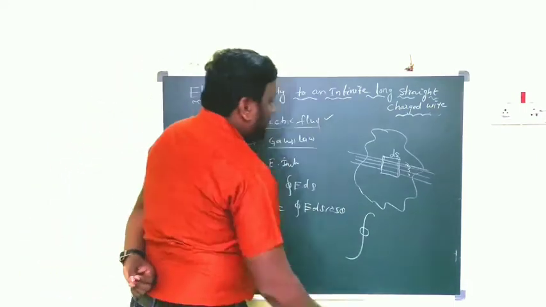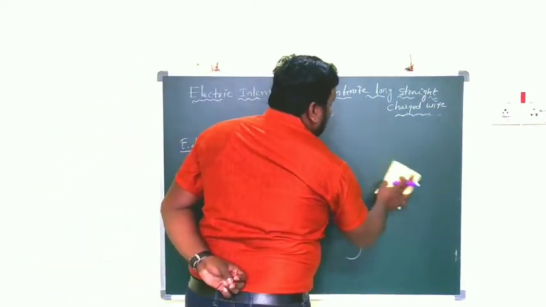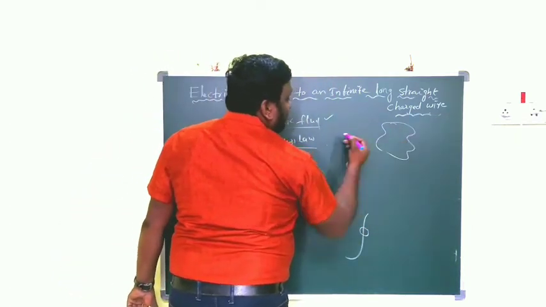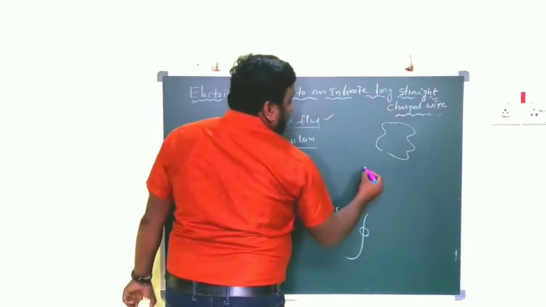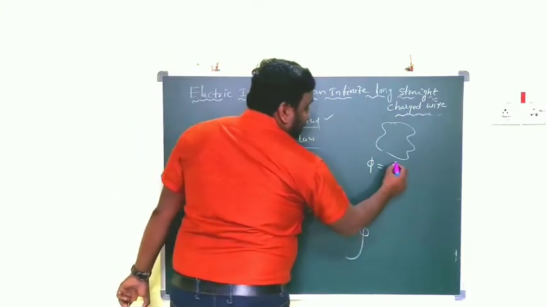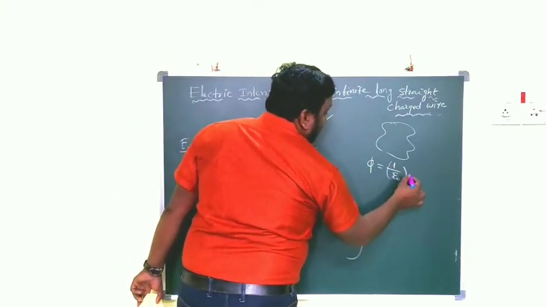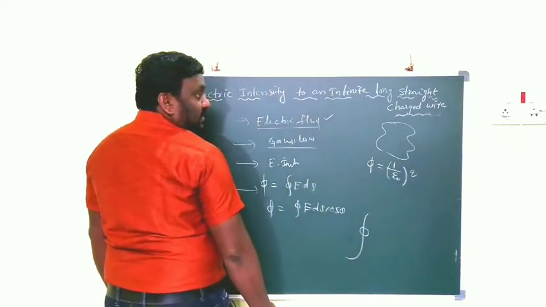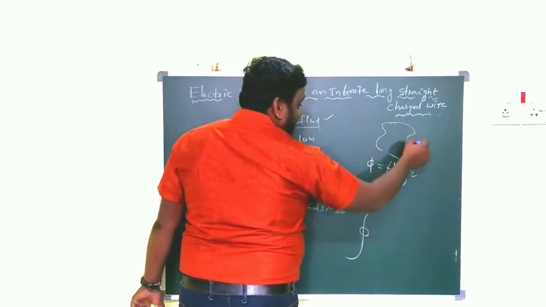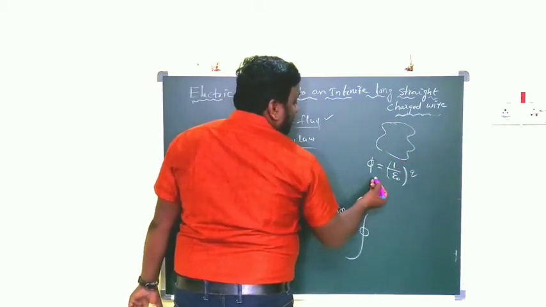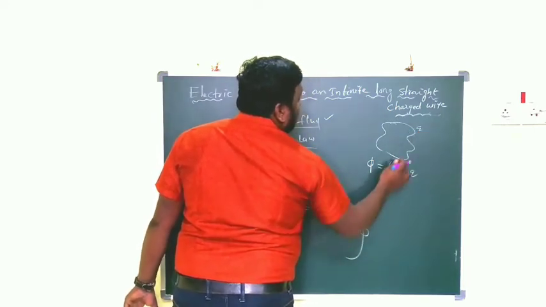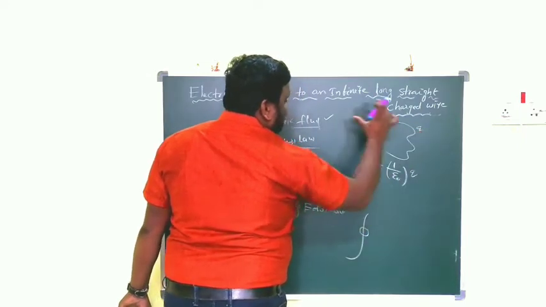What is Gauss law? In the previous video I clearly explained Gauss law. Here again, this is a closed surface. The amount of flux passing through the closed surface is 1 by epsilon naught times the net charge. Clear? Here Q is the net charge of this particular closed surface.